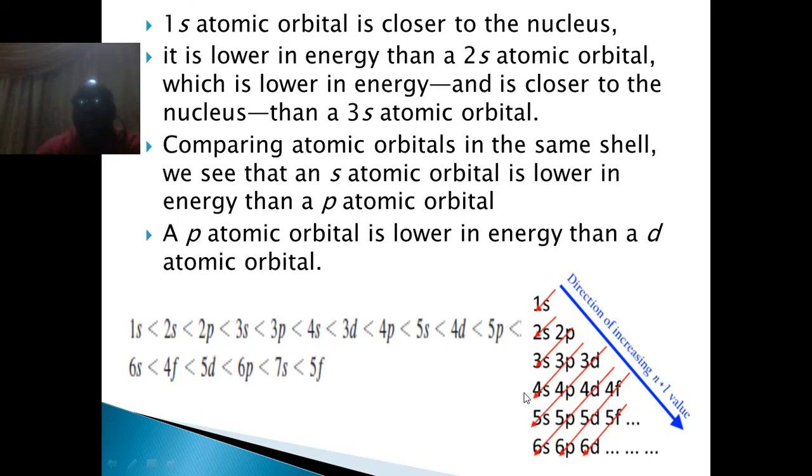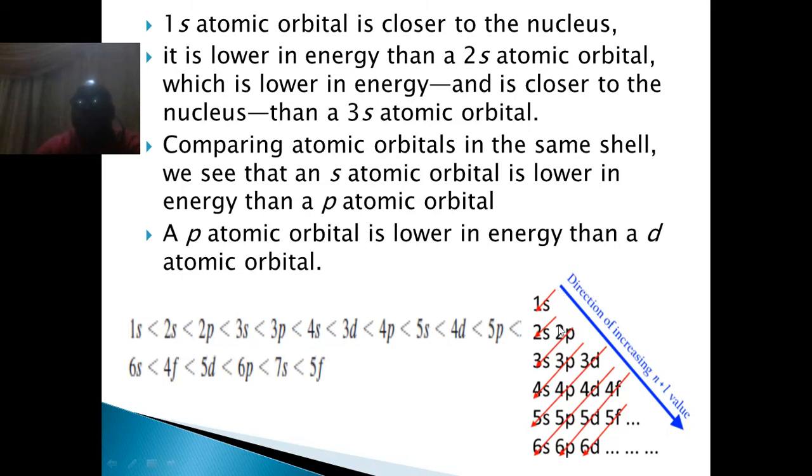In the fourth shell, you have 4s, 4p, 4d, 4f, and so on like that. Now, you can see this red arrow. This red arrow indicates the direction in which you fill electrons. You can assume that the energy of the orbitals increases from the tail to the head, and you fill electrons from the tail to the head.